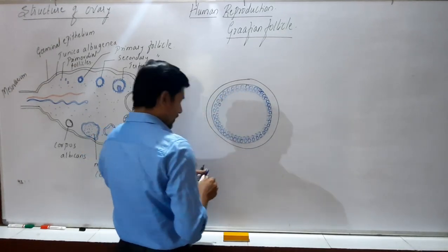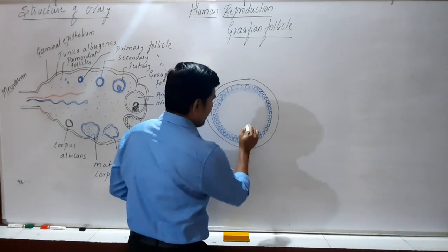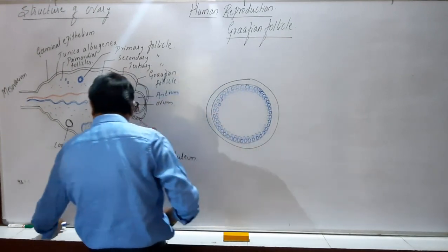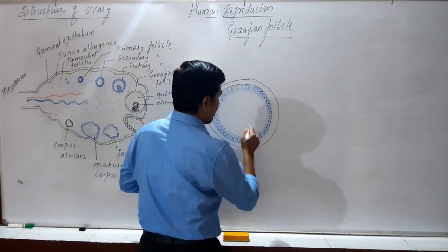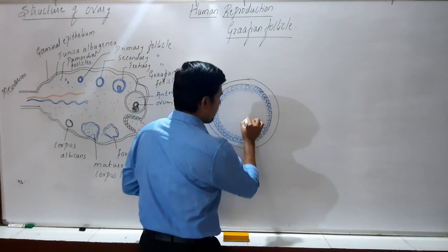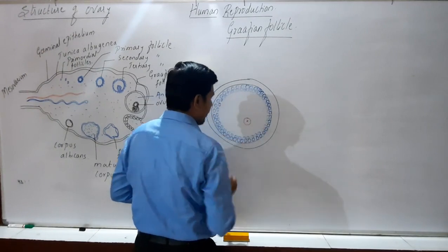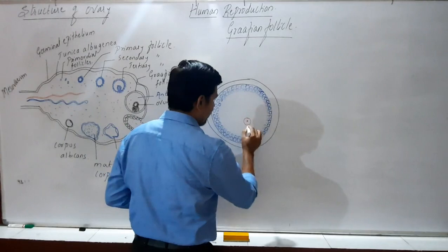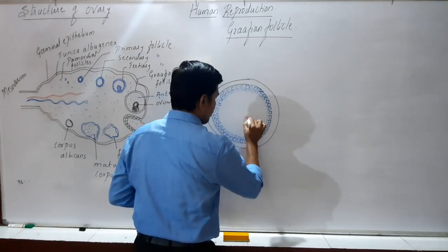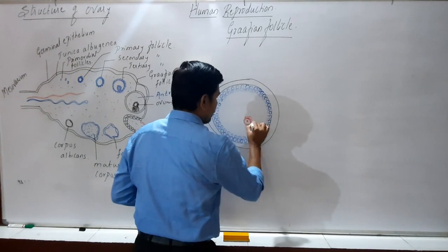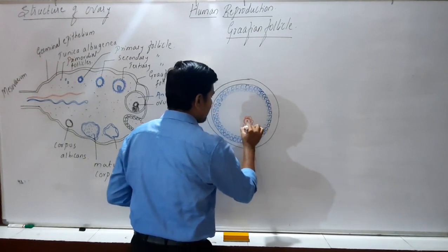Okay, then at the center here we have a structure. This is the ovum, which we call a secondary oocyte also, which is surrounded by certain cells.